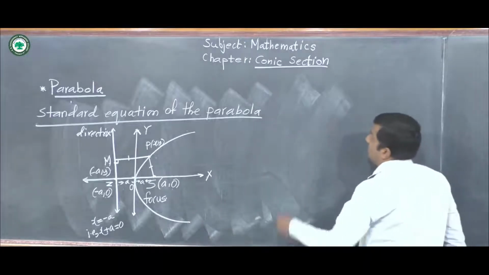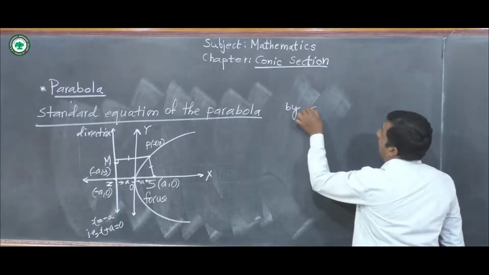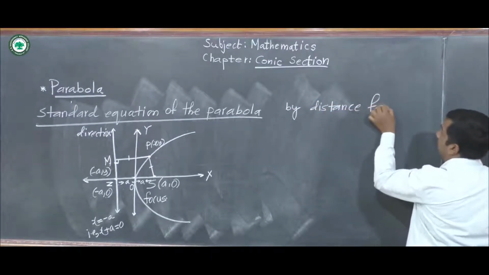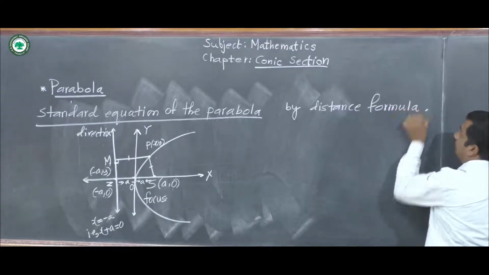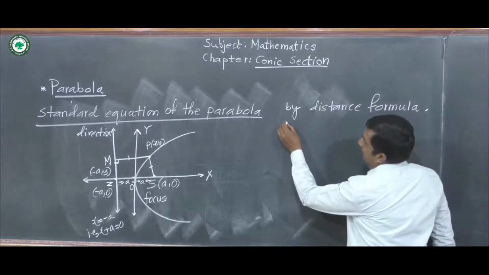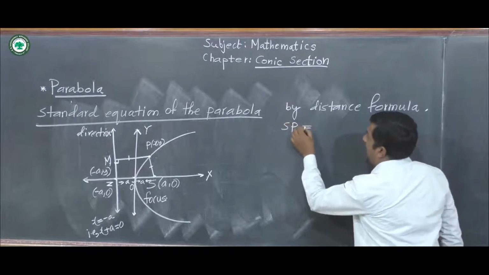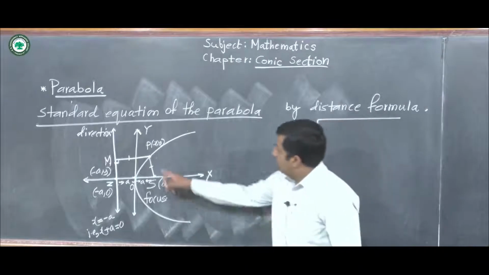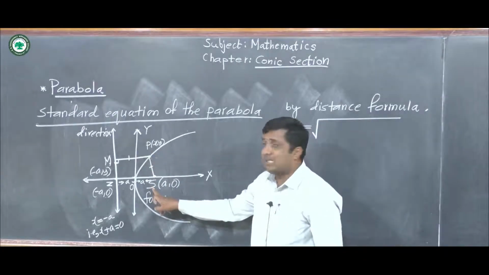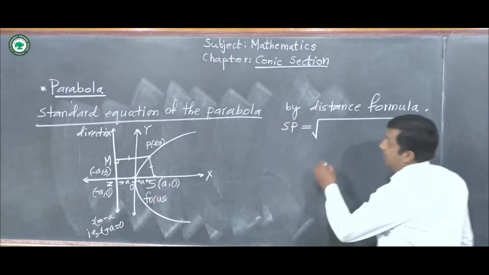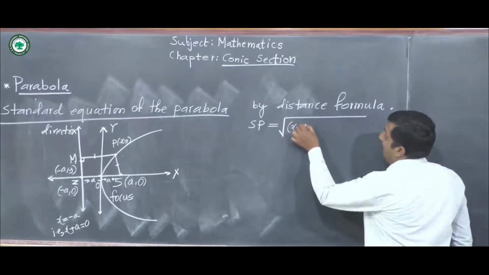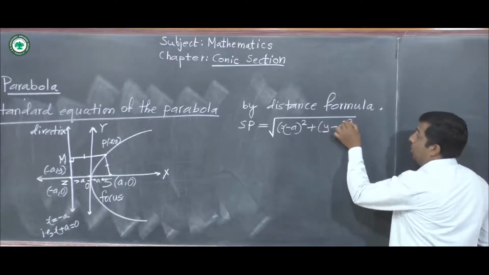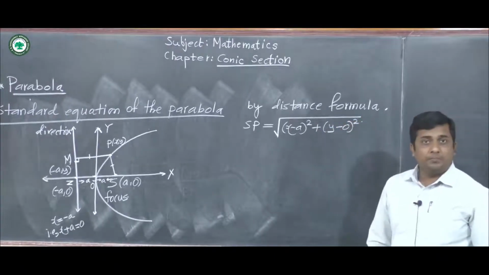Firstly SP: we consider the square root, then the coordinates of point P and coordinates of S. Here we get the square root of (x - a) squared plus (y - 0) squared.